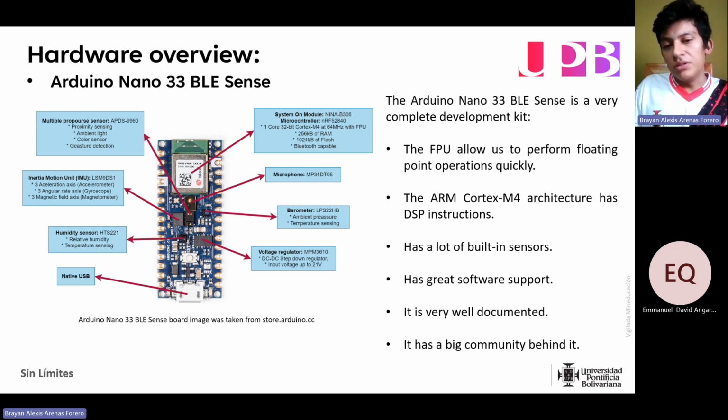Sensors built into the Nano include a temperature and humidity sensor, barometer, ambient light sensor, accelerometer, and gyroscope. These sensors can measure linear acceleration and angular velocity respectively. They are essential for applications such as motion detection or orientation.